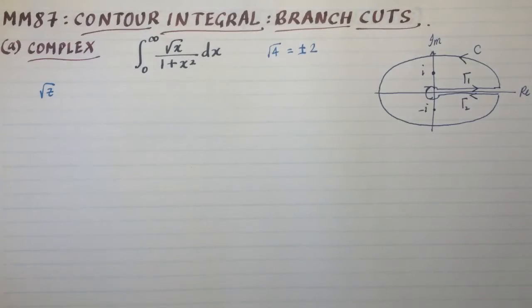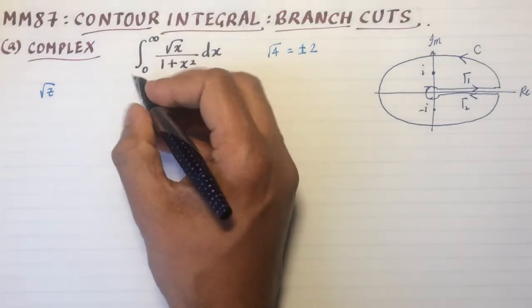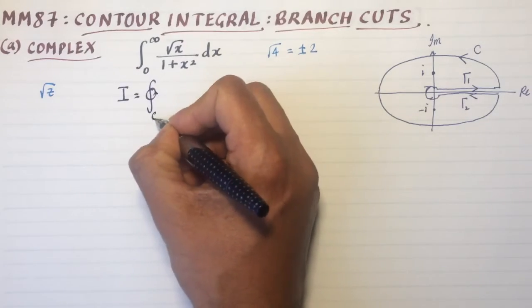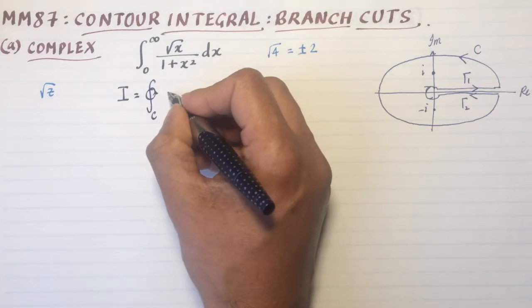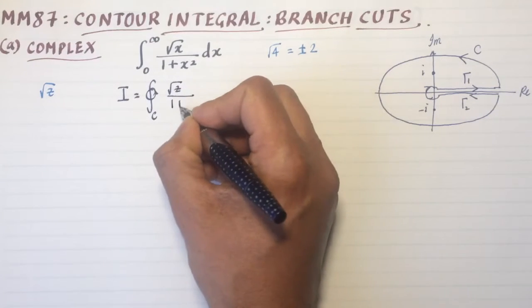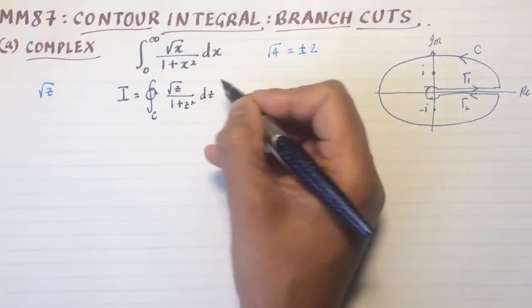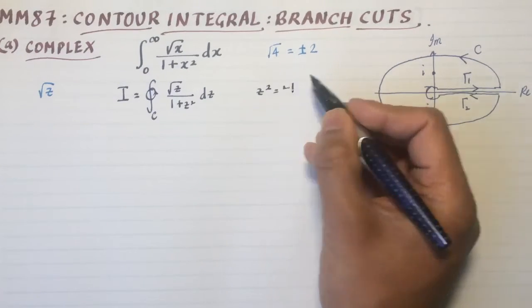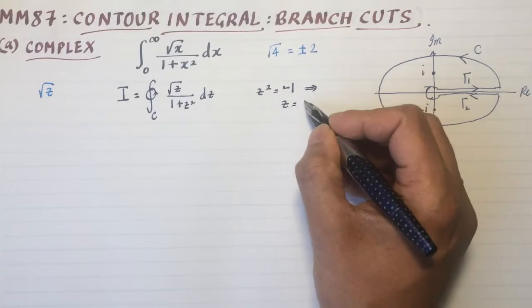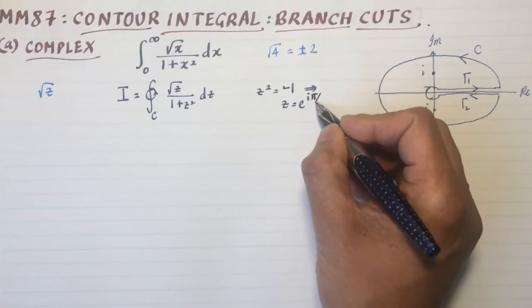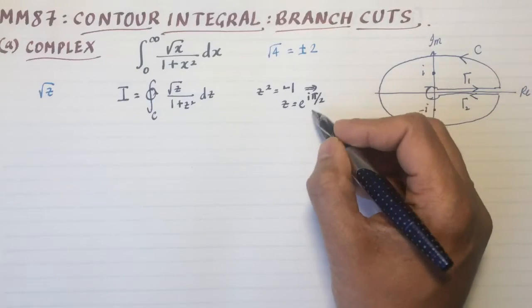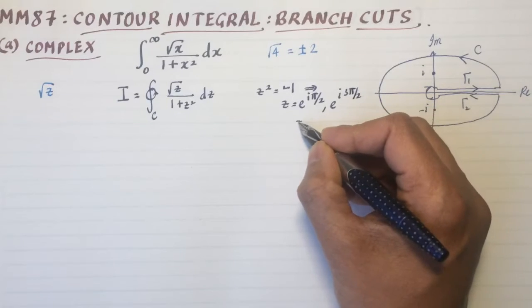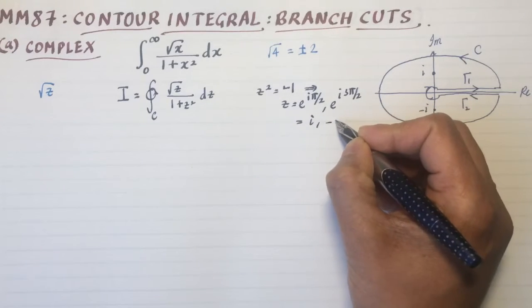Let us write the integral as the complex integral around this curve, complex contour C, root z over 1 plus z squared dz. The denominator becomes 0 at e to the i pi by 2, which is another way of saying i, and e to the i 3 pi by 2, or at i and minus i.